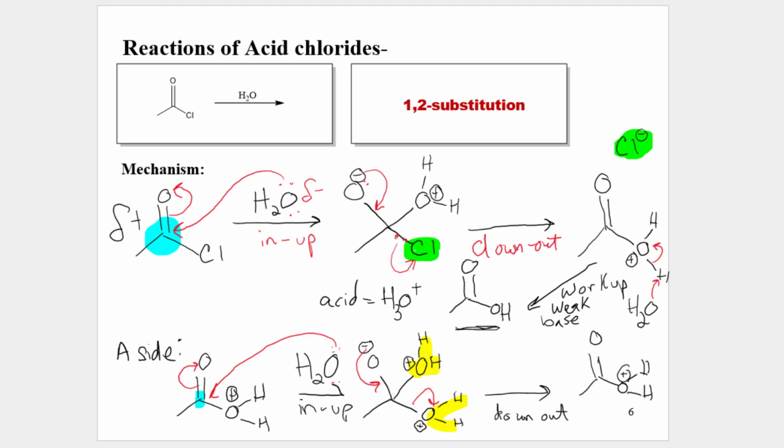And the reason it's never going to be neutral is because you're generating a carboxylic acid as the product. So you went from an acid chloride to a carboxylic acid. So we can go from one functional group to another. In, up, down, out is the key to this 1,2 substitution.